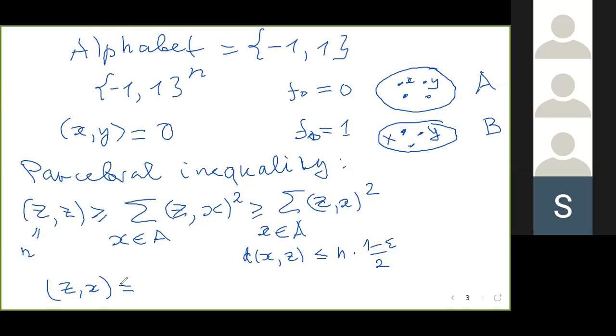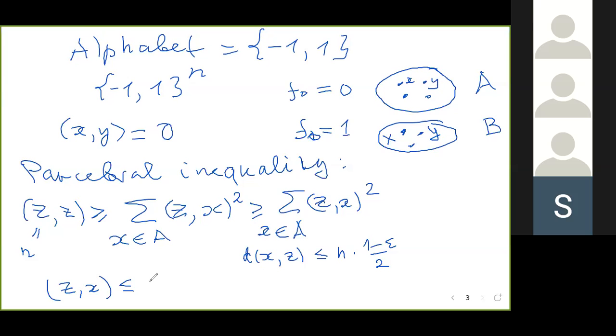And we know that the number of positions where they are different is not large, and the number of positions where they coincide is large.